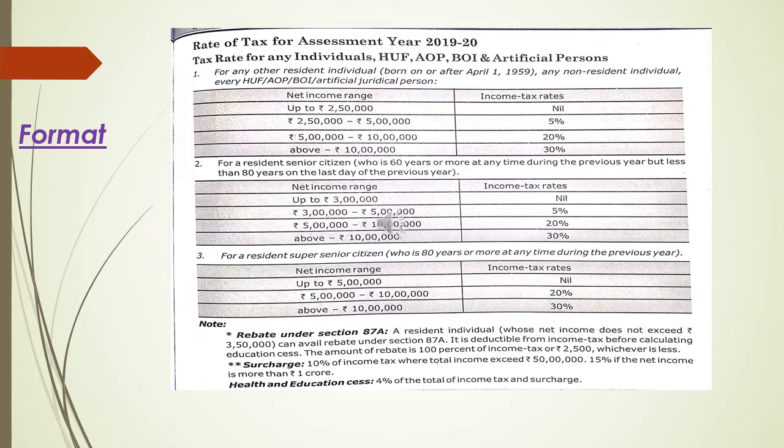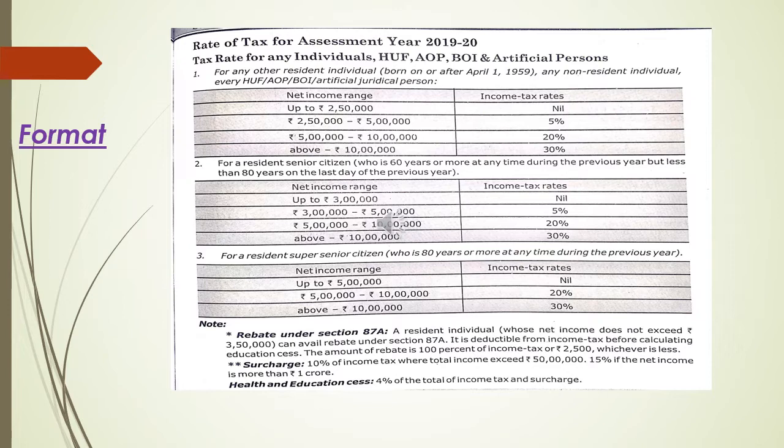Then 5 lakhs to 10 lakhs, 20%, 10 and above it is 30%. There is a third category of citizens called super senior citizens, whose age is above 80 years. For them, up to 5 lakhs there is no tax. 5 to 10 lakhs, 20%, 10 and above it is 30%.